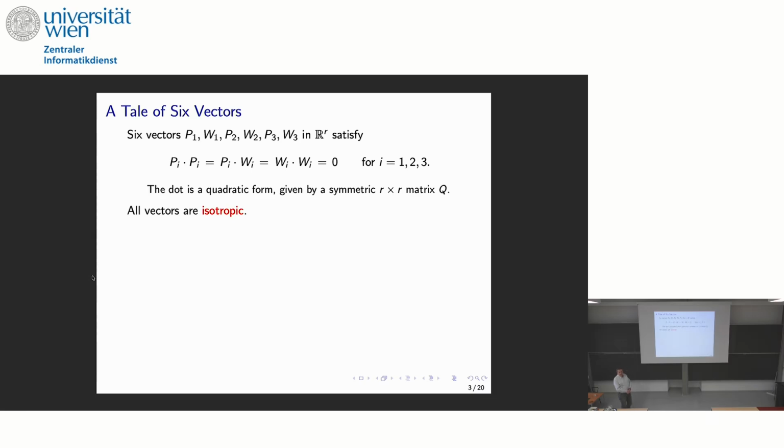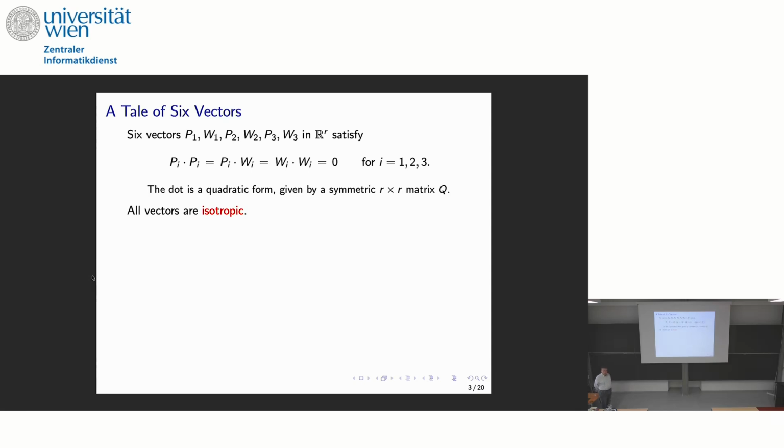Let me start the tale with 6 vectors that live in an R-dimensional real vector space. My vectors are going to be called P1, W1, P2, W2, P3, and W3. I would like the vectors to satisfy the following equations. Pi dotted with itself is 0, Wi dotted with itself is 0, and if they have the same index, Pi dot Wi is also equal to 0.